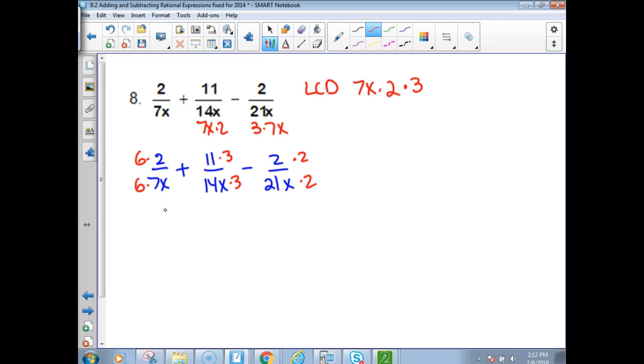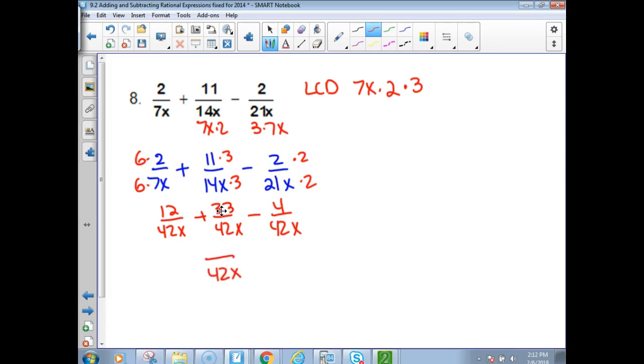All right, so this would be 12 over 42x plus 33 over 42x minus 4 over 42x. Now that they all have common denominators, we combine the numerators. So your actual problem is 12 plus 33 minus 4 over 42x.